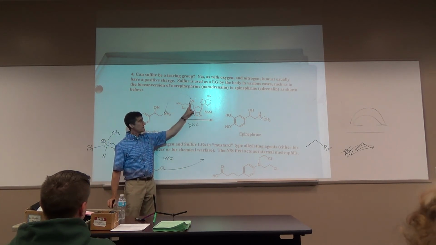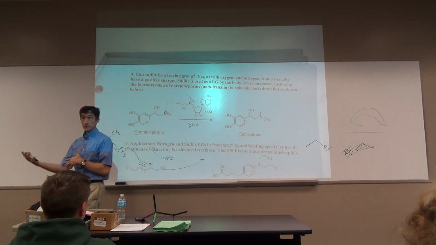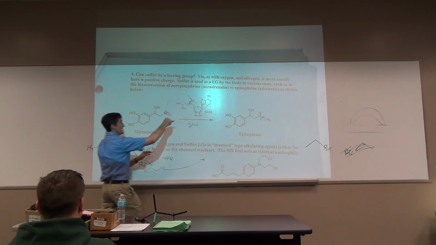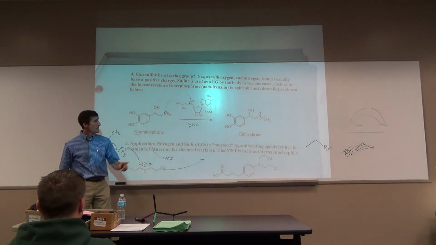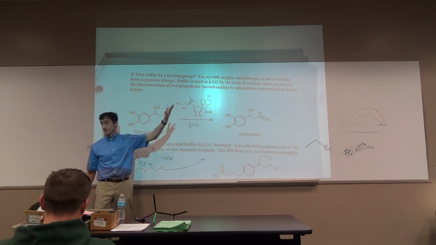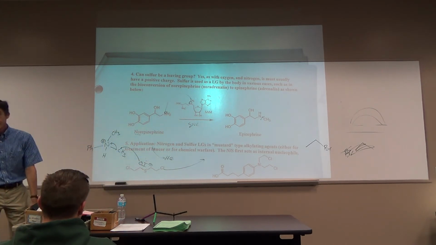Your body uses sulfur a lot as leaving groups and also as nucleophiles. But just like oxygen and nitrogen, it had to be turned into a positive first before it would leave. Your body creates this. By the way, you can buy SAM at health food stores, Whole Foods or something.